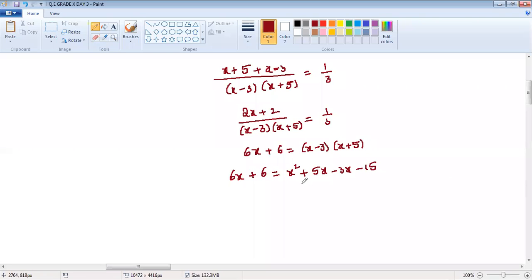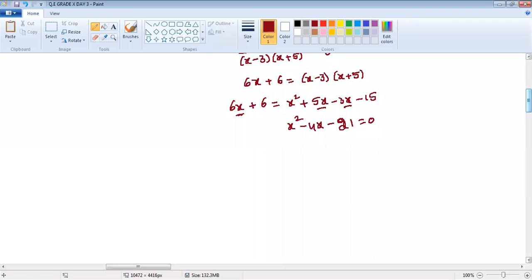Then what can you write? X square, carry this to the other side. So 5x minus 3x, and when you carry minus 6x, so minus 4x. Minus 21 is equal to 0. Can you use the quadratic formula and tell me the value?